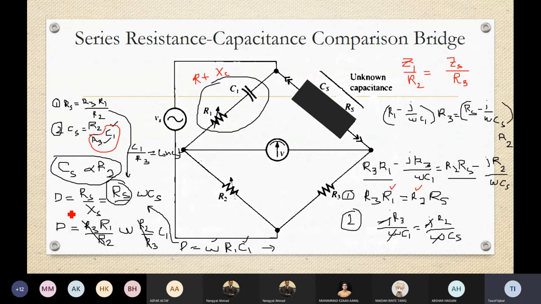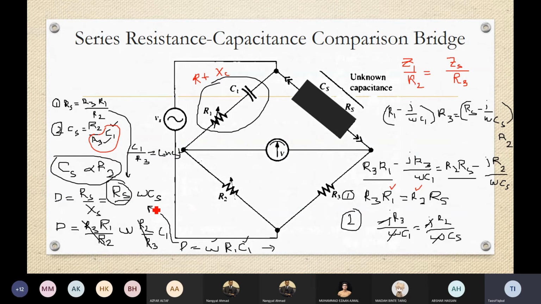Therefore, we can find out the dissipation factor of a series RC component, and that is Rs divided by Xs. The reactance of the unknown capacitance is omega C, and we will not be using the imaginary component over here. We just want to find out the value of the dissipation factor.